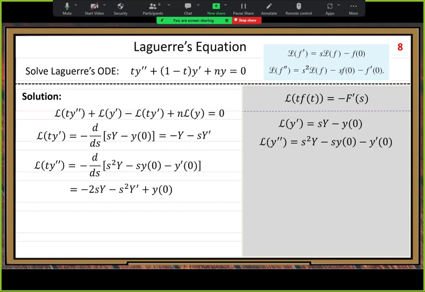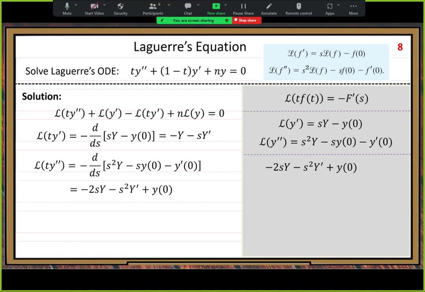Algebraic computation after that. Because after these few steps, you can see we cannot say it is a completely algebraic equation, because of the derivative of capital Y. It is still a differential equation, a first order differential equation.